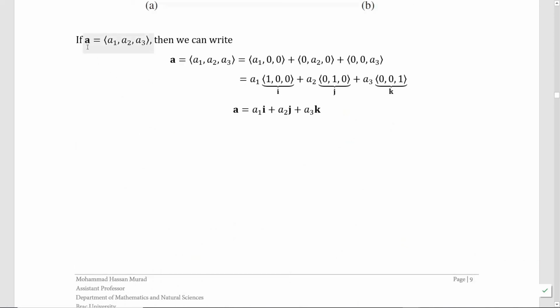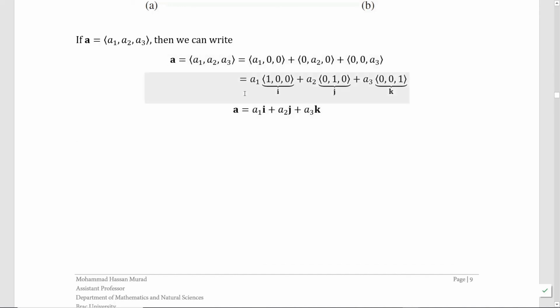So let's have a vector A with components a1, a2, a3. Then this vector can be written as a sum of these 3 vectors. The first vector has the first component a sub 1 and the other 2 components are 0. Similarly, the second vector has the second component a2, but the first and third components are 0. And the third vector has the third component a sub 3 and the first and second components are 0.